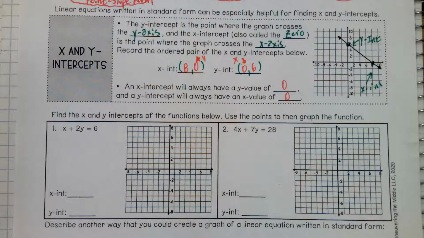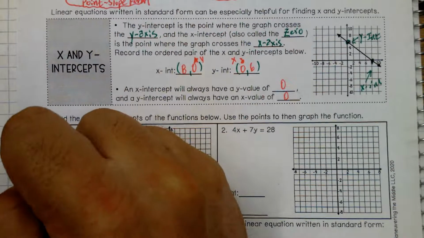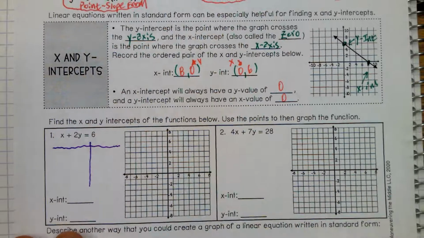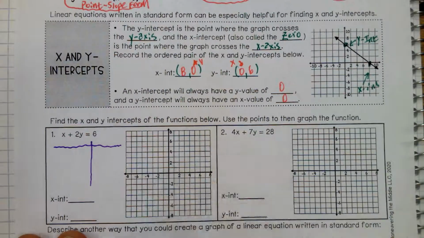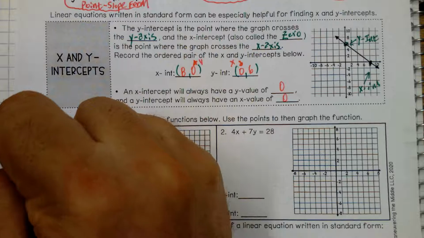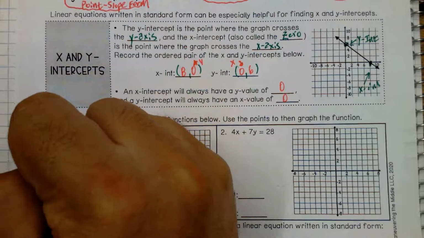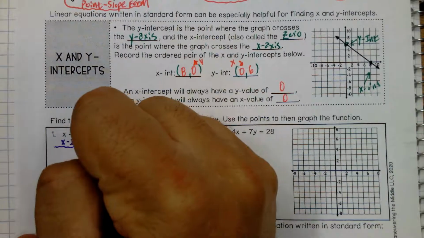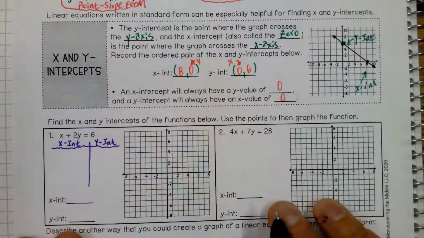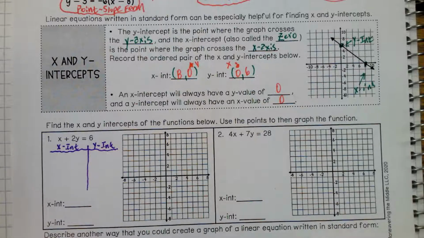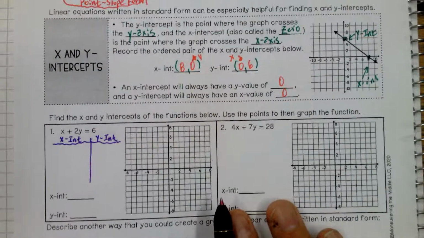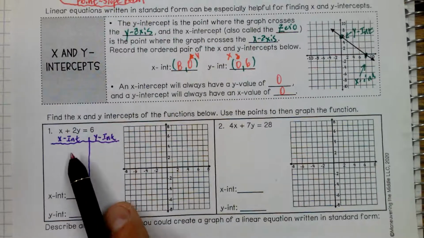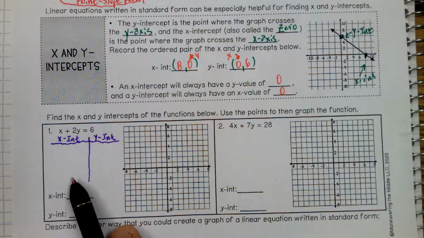So what you want to do, the quickest, easiest way to do this so that you can understand the concept, I'm going to make a quick little t-table. Go ahead and do that. So this is going to be for the x-intercept here on the left and the y-intercept on the right. Now, we're going to use the most important fact that we know to figure out what the coordinates are for the x-intercept.